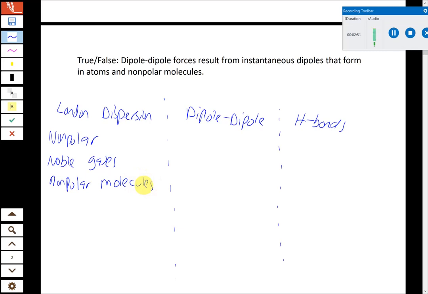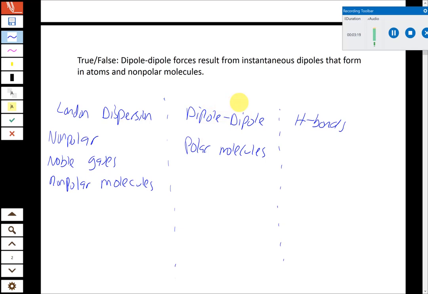Dipole-dipole forces occur in anything that's polar, and we learned back in chapter 4 how to determine whether a molecule is polar or nonpolar. That distinguishes whether they would only have London dispersion forces or would have London dispersion and dipole-dipole forces, with dipole-dipole being the stronger and more important force.